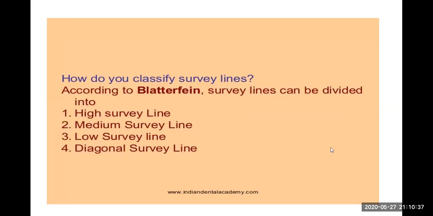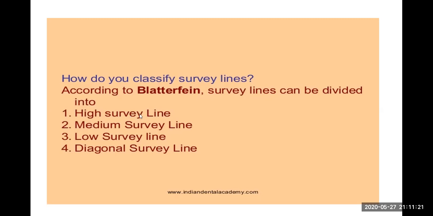I would like to mention also, according to Blatterfield, what are survey lines like? Blatterfield classifies survey lines as high survey line, medium survey line, low survey line, and diagonal survey line. All this is determined by the orientation of your model when you place it on the model table of your surveyor, which I showed you before.